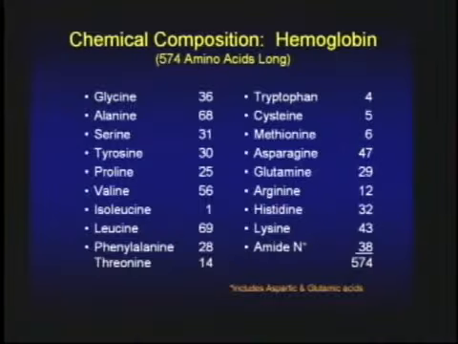Let's take one example. Let's take hemoglobin. Your hemoglobin is 574 amino acids long. These 574 amino acids have to be in the right sequence. You have 36 of these are glycine, 68 are alanine. Of the 20 different types, you have a total of 574.